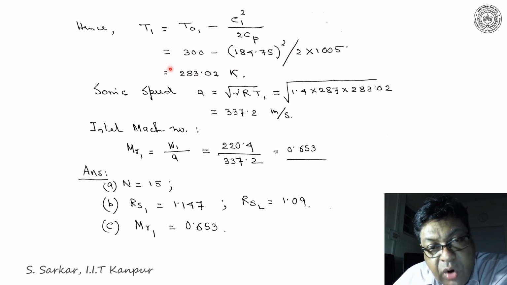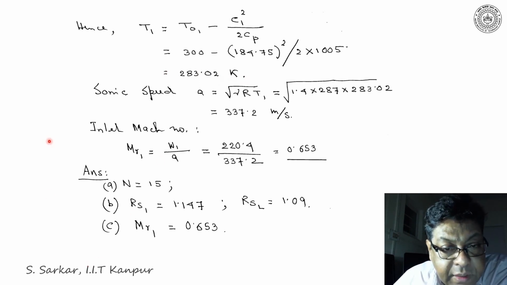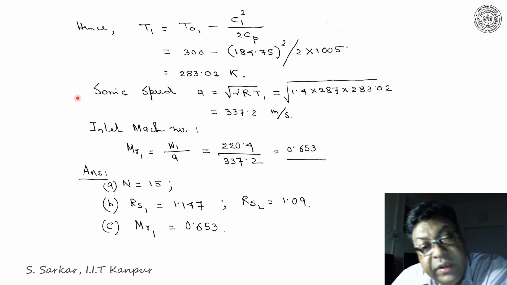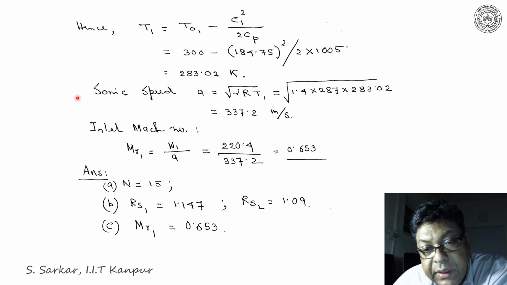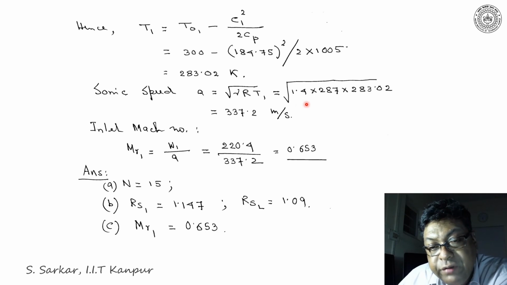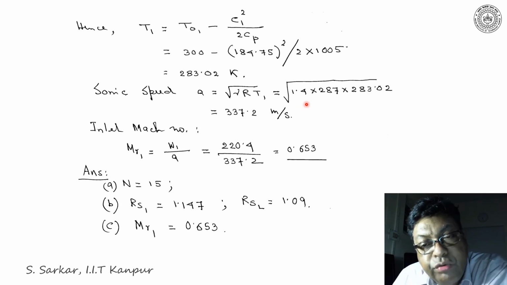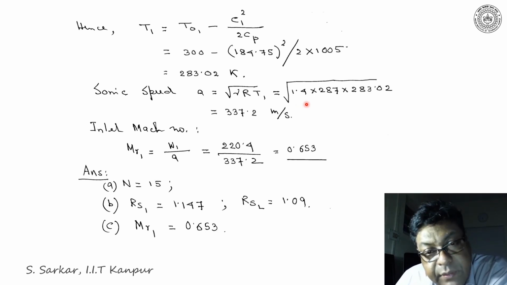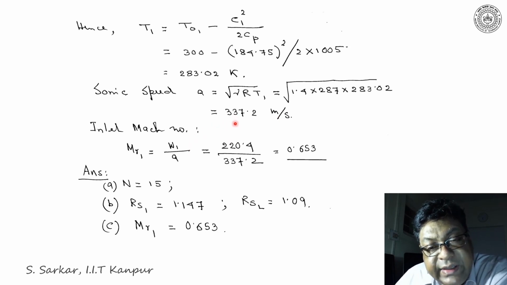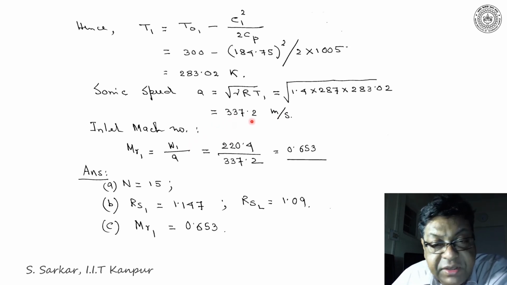And thus I have got T1 as 283.02 K. Hence the sonic speed A would be equal to root over gamma R into T1, that is root over 1.4 into 287 into 283.02. It would be equal to 337.2 meter per second.